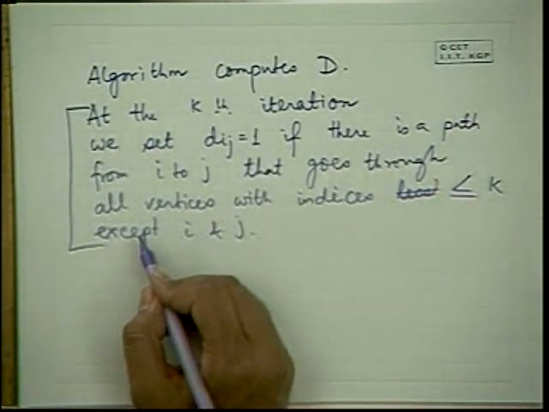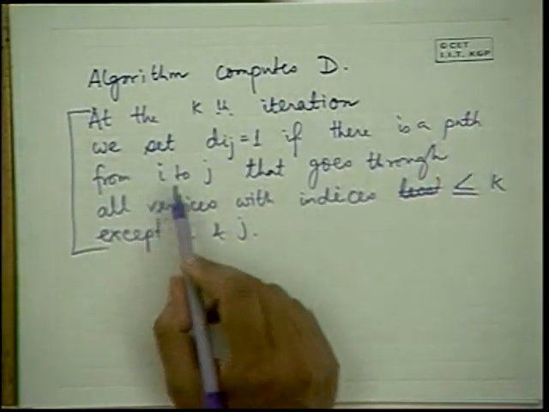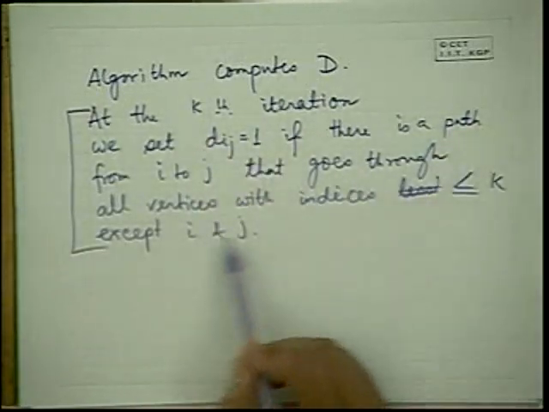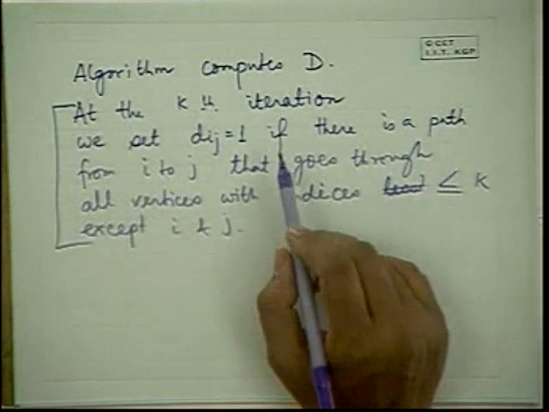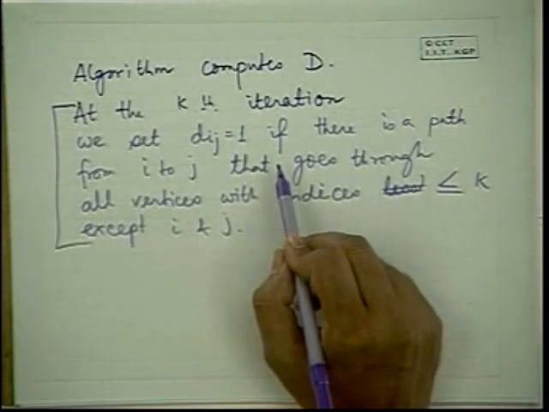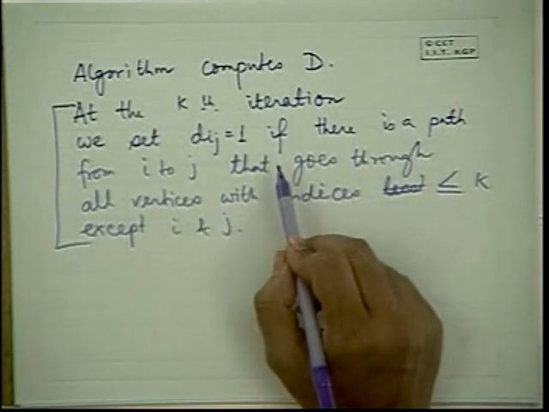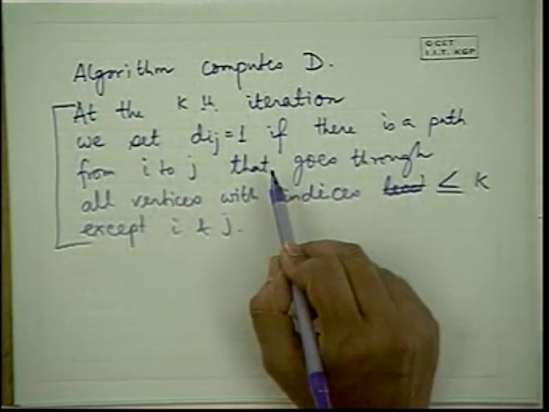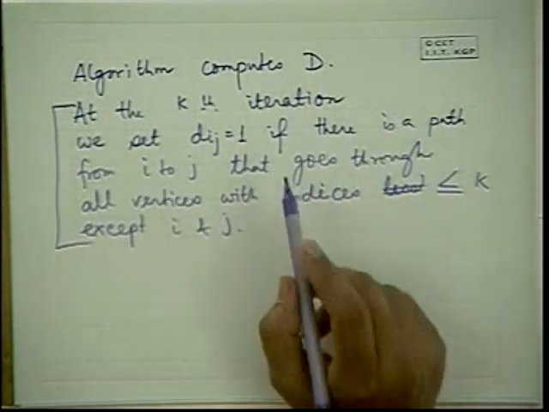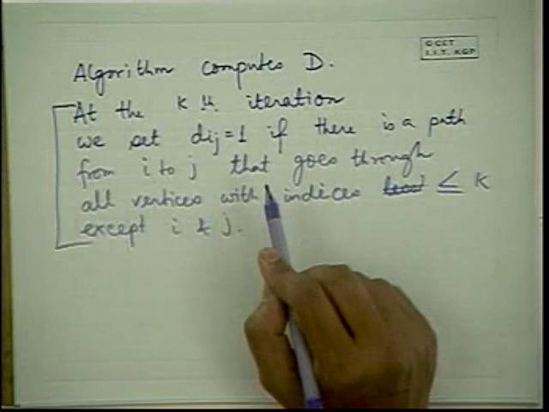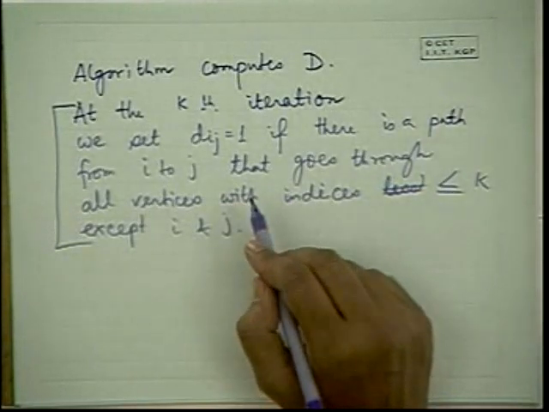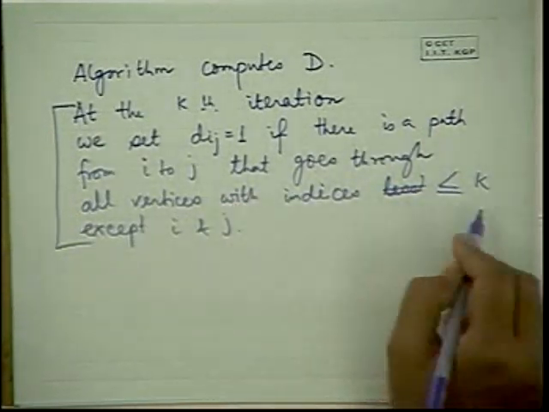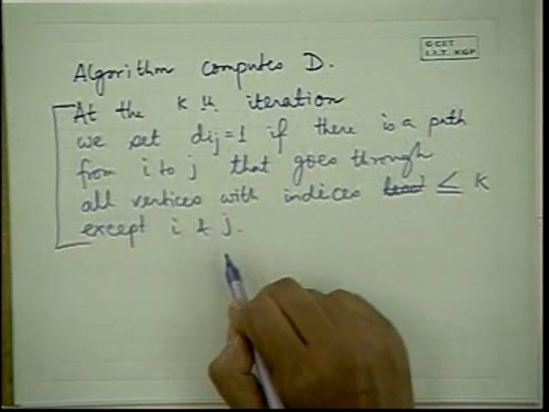So read this invariant once more. At the kth iteration, what is it trying to do? Between any two vertices i and j, if there exists a path, that path cannot include any vertex whose index is more than k, except the two endpoints i and j.